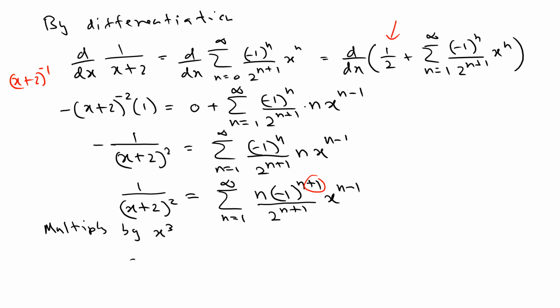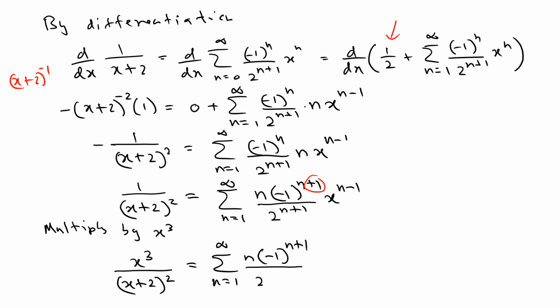So you can see that x cubed over (x plus 2) squared equals the sum from n equals 1 to infinity of n, (-1)^(n plus 1), over 2 to the n plus 1, and for x you just add 3, so it's going to be x^(n plus 2). So that's what happened. This is perfectly fine, so we can leave this as the answer.